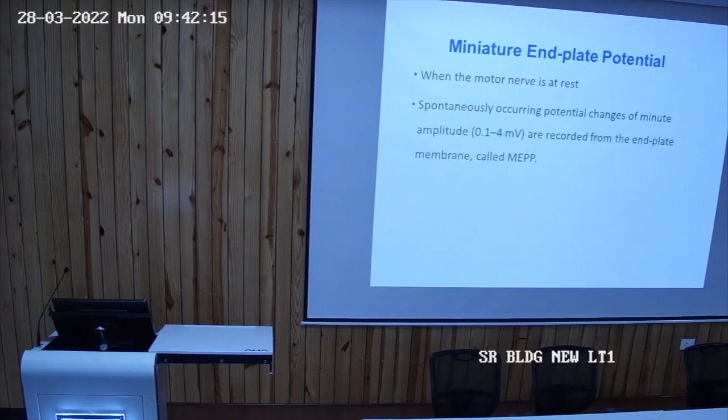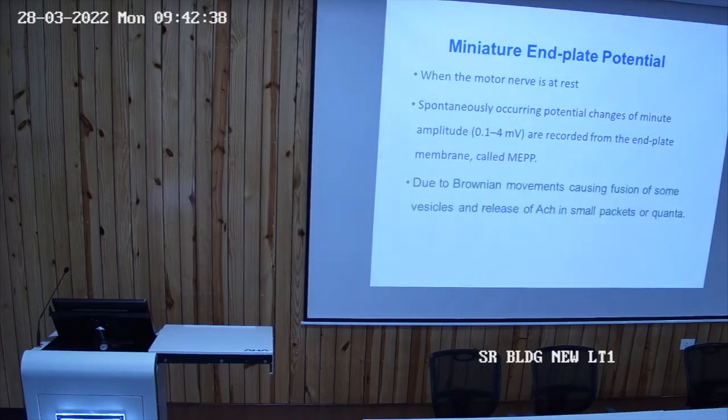तो miniature potentials we have discussed. When the motor nerve is at rest, continuously occurring potential changes। रेस्टिंग कंडीशन में क्या होता है, small amount of neurotransmitter is continuously being released, but they can generate only miniature end plate potential. That is, the fluctuation will be 0.1 to 4 millivolt only, okay, due to the Brownian movement, causing fusion of some vesicles and release of acetylcholine.